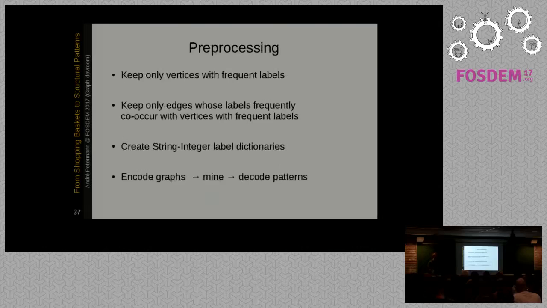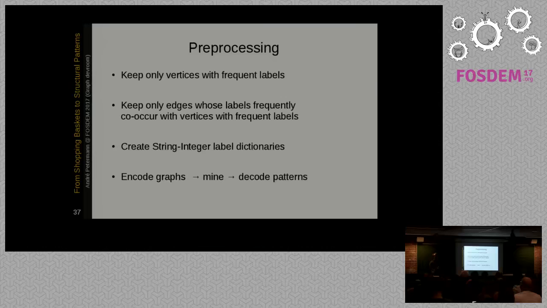So the pre-processing's idea is basically we keep only vertices with frequent labels. Then, if we remove them, we also remove some edges. And then we consider only the remaining edges, which never occur with frequent vertices, and also count their frequencies.